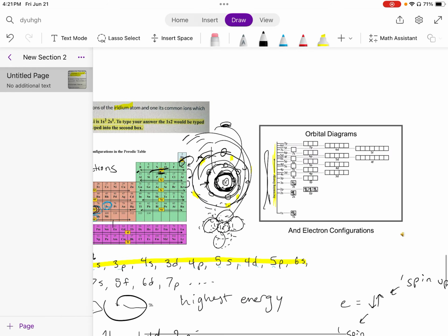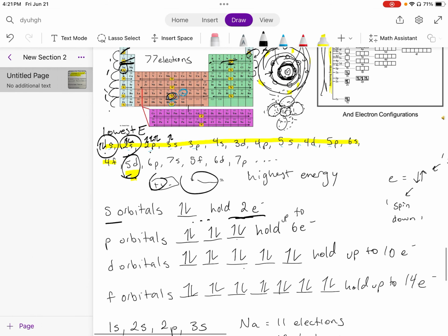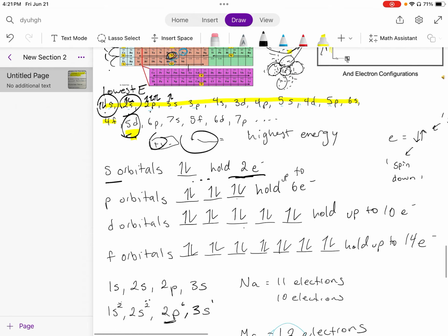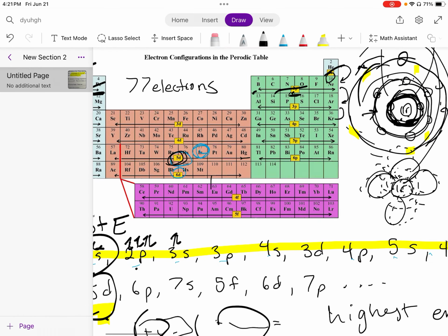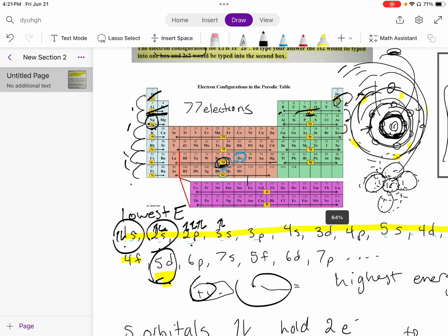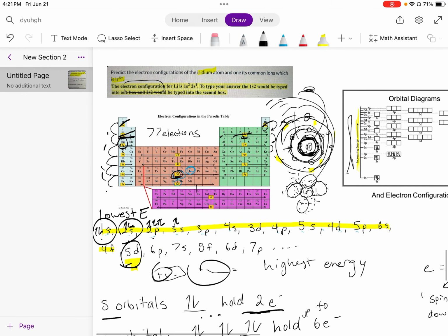Okay, simple enough. So now let's get on to your example, which is iridium. With our help, we know that it's going to end in the 5d, and that's only because we have our periodic table. But because I want you to learn, let's just pretend we didn't know it ends in 5d. So we're going to go step by step.